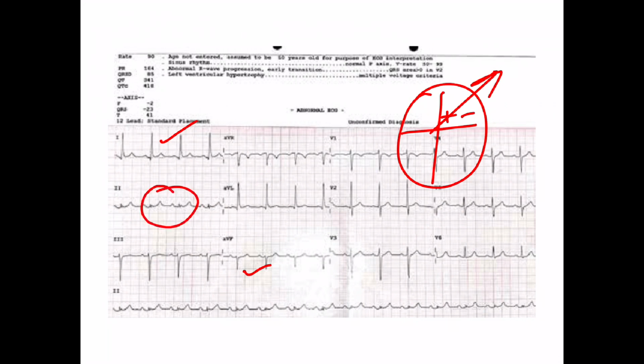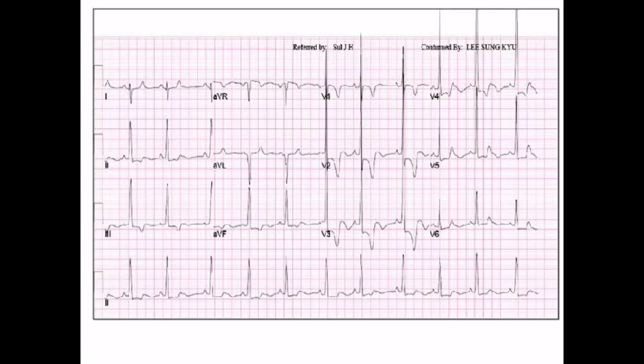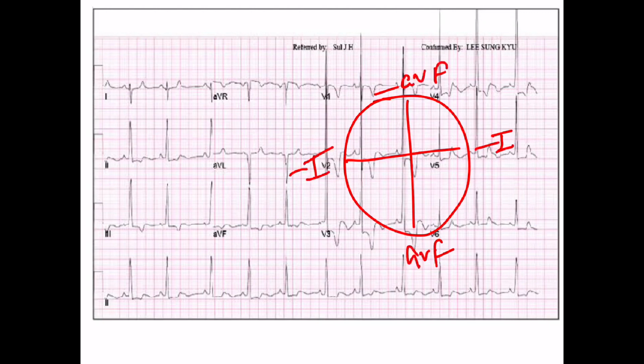We find a net positive deflection in lead 2, so again it's a physiological left axis deviation. In this ECG we see lead 1 is negative and AVF is positive, so this is a right axis deviation.